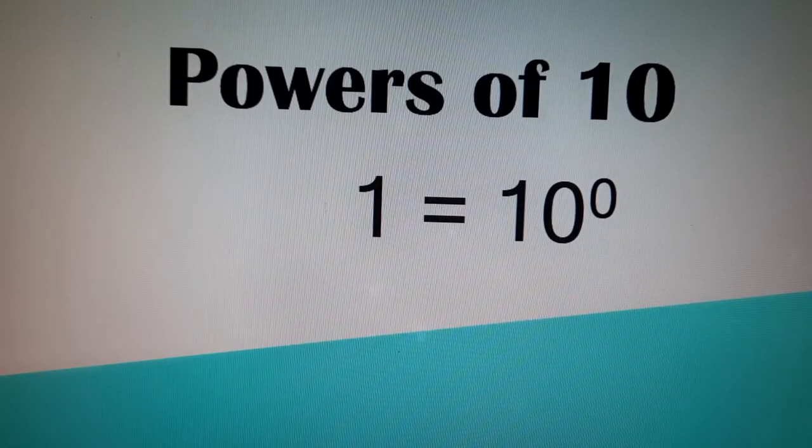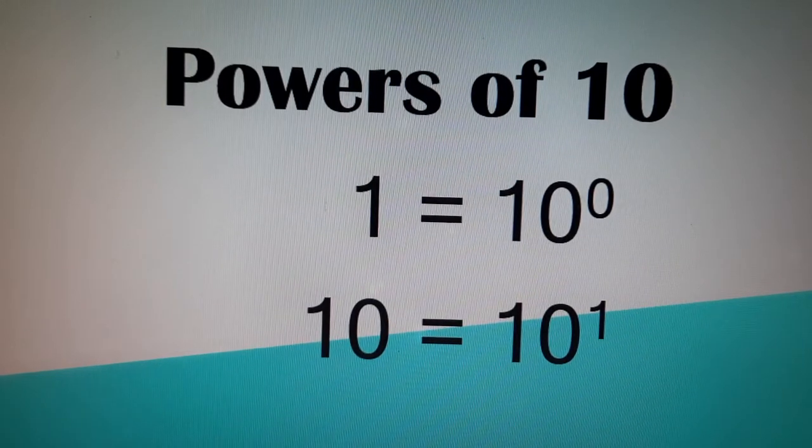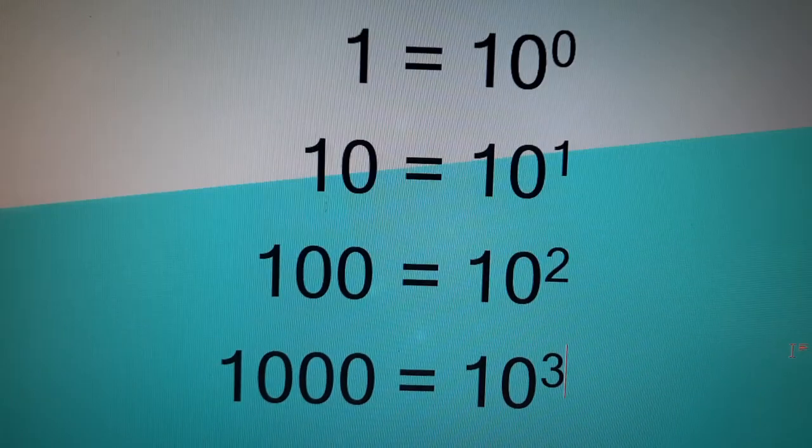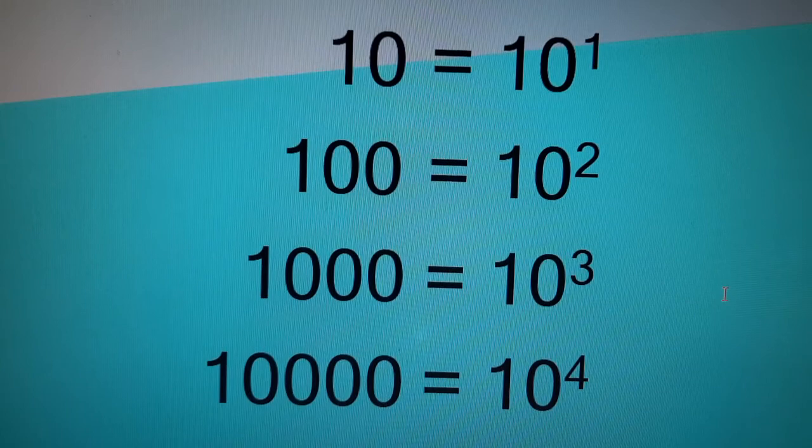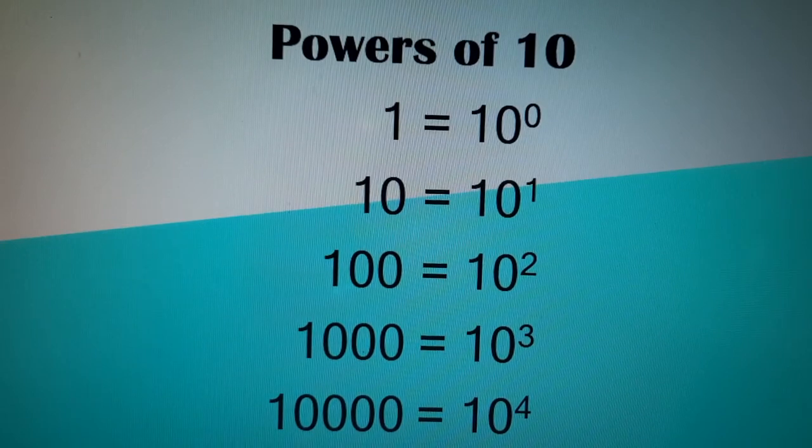As an example, 1 equals 10 to the power of 0. 10 equals 10 to the power of 1. 1000 equals 10 to the power of 3. 10,000 equals 10 to the power of 4. In this way, you can write these numbers as powers of 10.